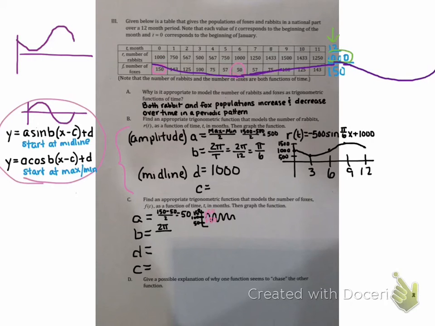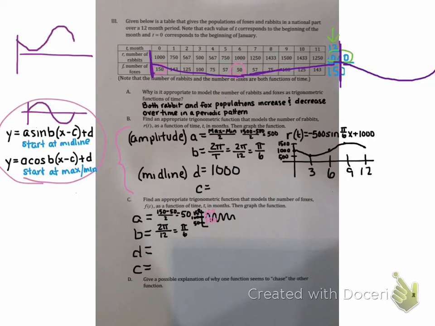So in order for it to do one complete cycle, where is that going to be? Well, it takes from month 0 to month 12. That's one complete cycle. So that means my T, my period, is going to be 12, just like in the rabbit population, making my B value pi over 6.